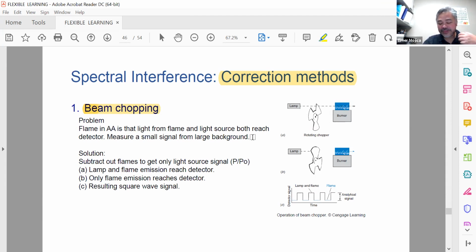And the measurement is a really small signal from a large background. So how do we solve it? You subtract out the flame to get only the light source signal, the light that was transmitted over the incident light. So the lamp and flame emission reach the detector, and then only the flame emission reaches the detector. And it would result in a square wave signal.